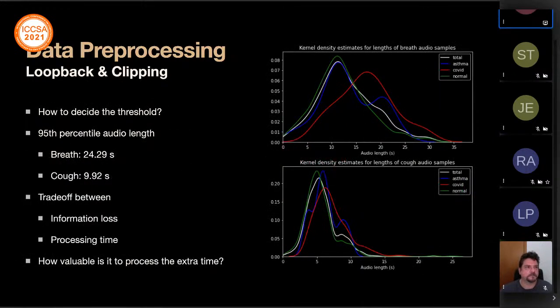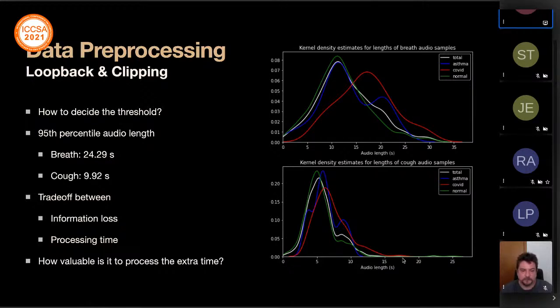How did we decide the threshold length? These are the histograms of the audio lengths. For the breath samples, we have audio samples from 3 seconds all the way to 35 seconds, and for cough, from around 3 seconds to approximately 18 to 19 seconds.